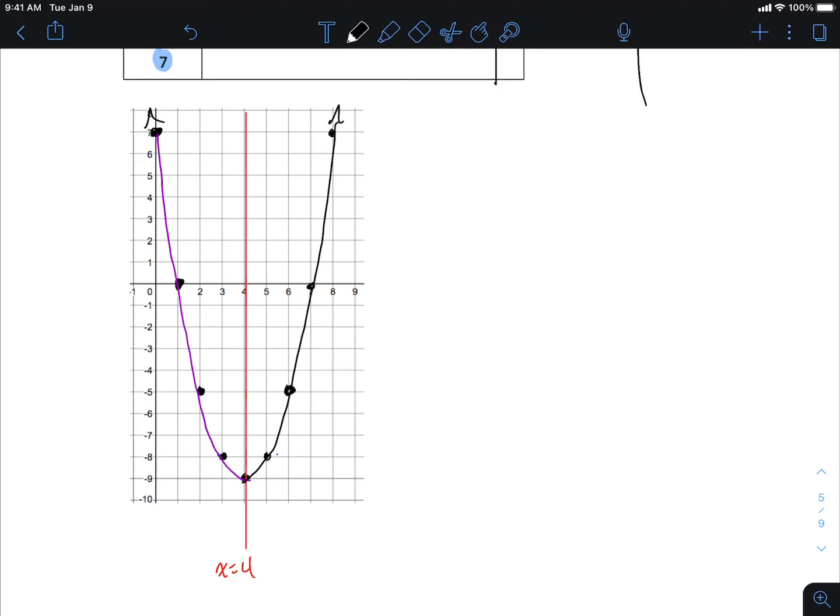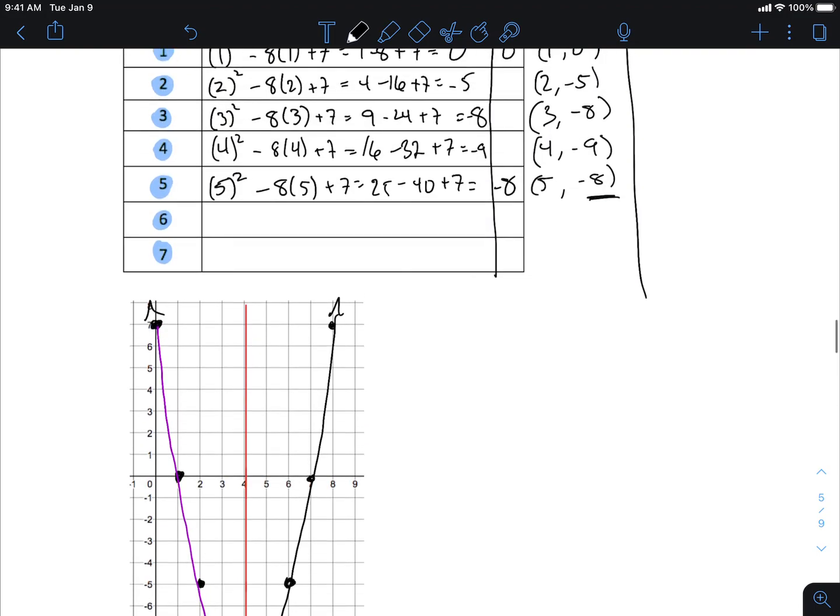We've defined the parabola as being like symmetrical about an axis of symmetry down the middle. So by that definition, we're able to use it to actually fill in the rest of the values without having to, and you guys can check this to make sure that I'm not crazy, right? You guys check the rest of these. That should equal negative 5.